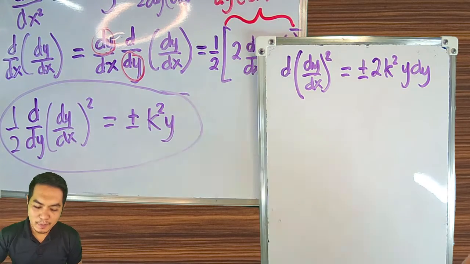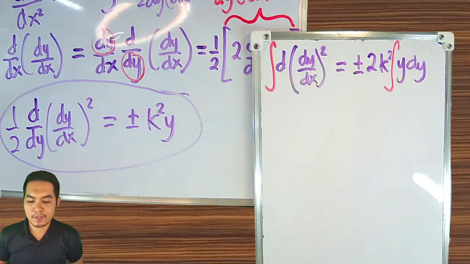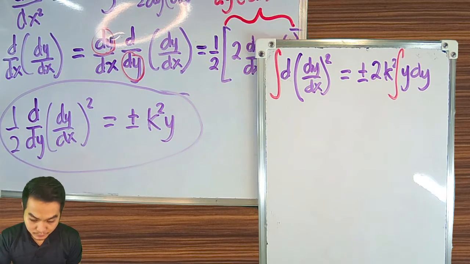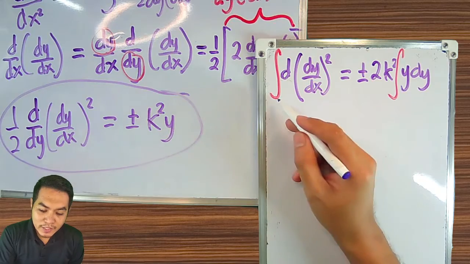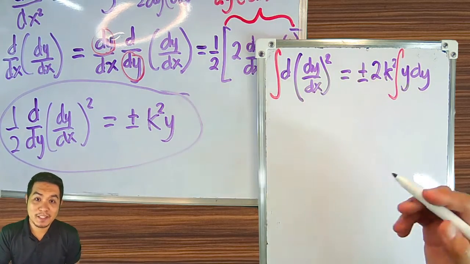Now what I'm going to do is integrate this. Indefinite integral first; I will just add some constants later. The integral of the differential of this is basically just this, right?